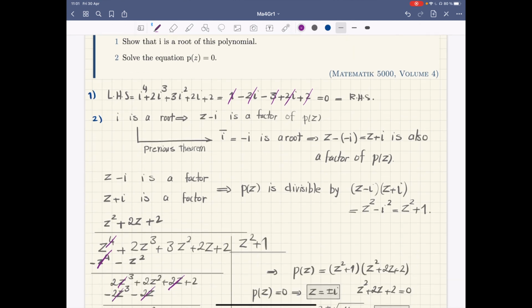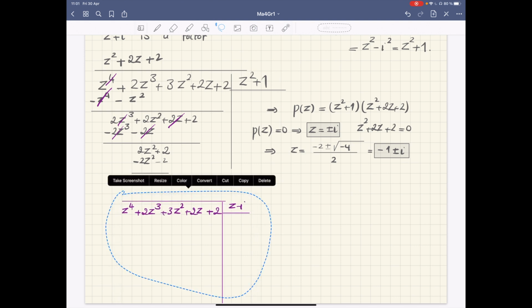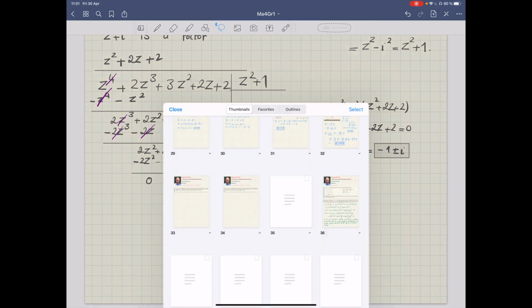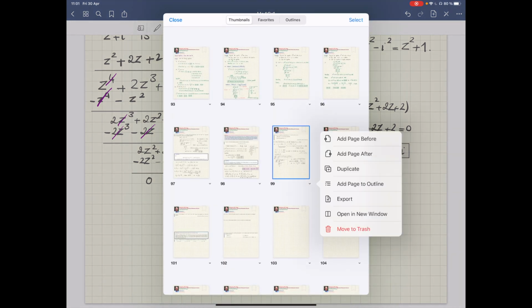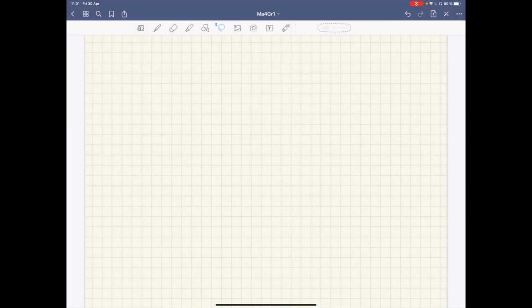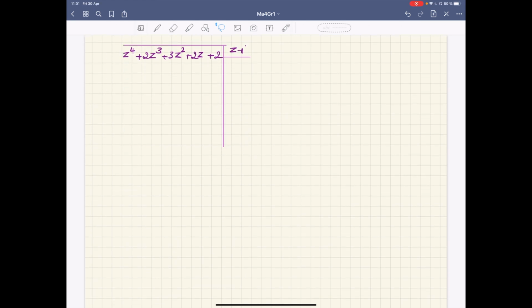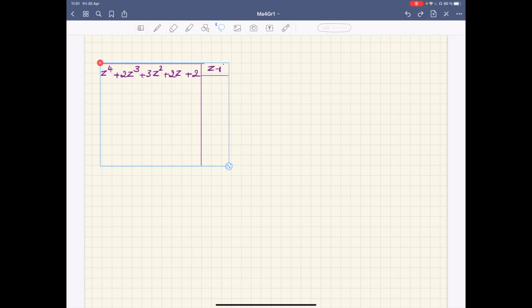No. Okay, so let me cut this and add a page here, the page after, with the current template. Okay, now we have enough space to do this problem. So how should I do that? That was not a good place here. Let me just keep it here.